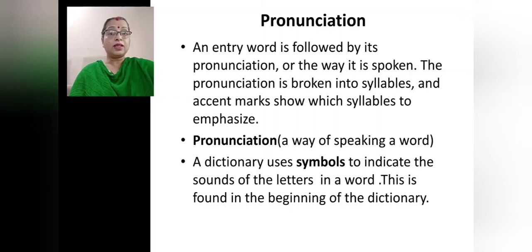Accent marks, that is stress marks, will be shown how to pronounce the word, which syllable to emphasize. So pronunciation is a way of speaking a word. A dictionary uses symbols to indicate the sounds of the letters in a word. This is found in the beginning of the dictionary.